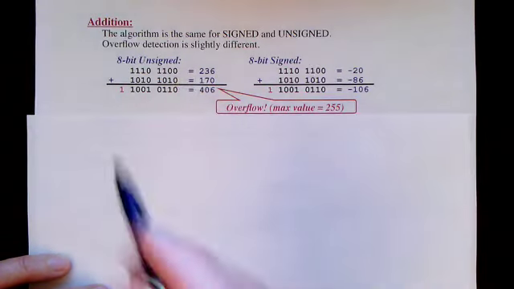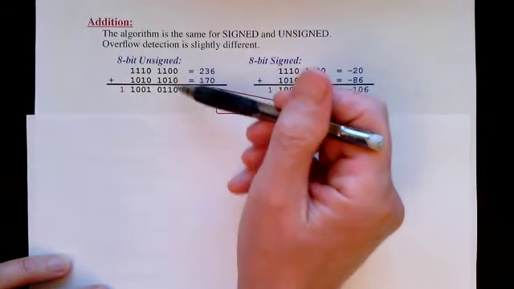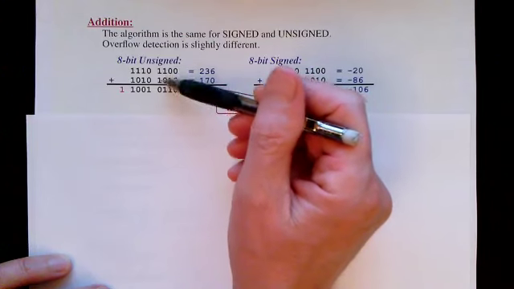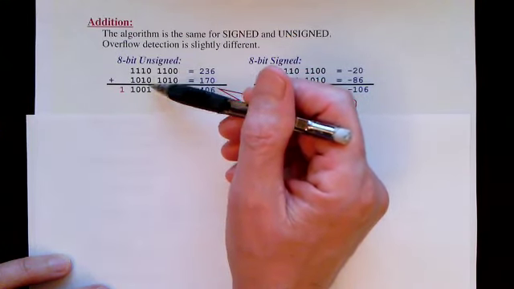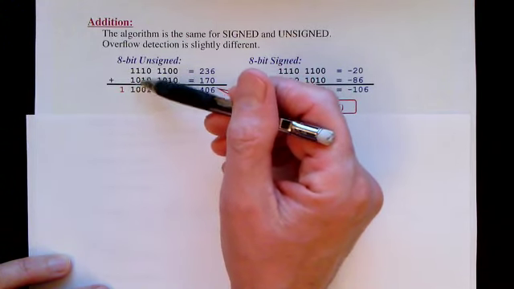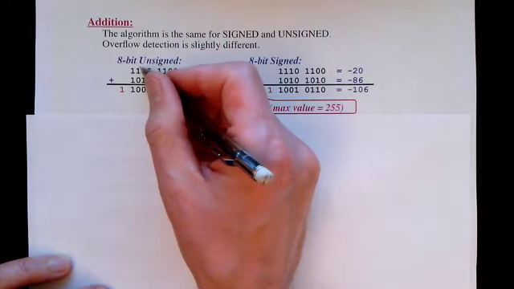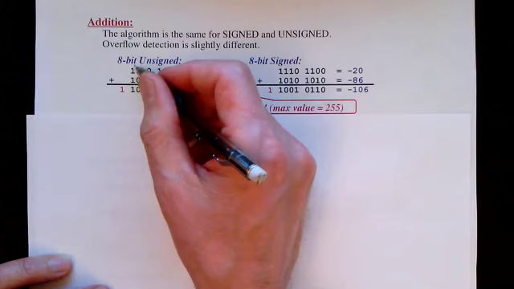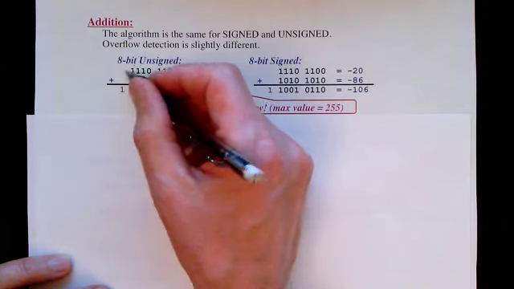And so we add them according to our algorithm. 0 plus 0 is 0, 0 plus 1 is 1, 1 plus 0 is 1, 1 plus 1 is 0, carry 1. 1 plus 0 is 0, 1 plus 1 is 0, carry 1, and then we have 1 plus 1 is 0, carry 1. 1 plus 1 plus 1 is 3, which is 1, carry 1.